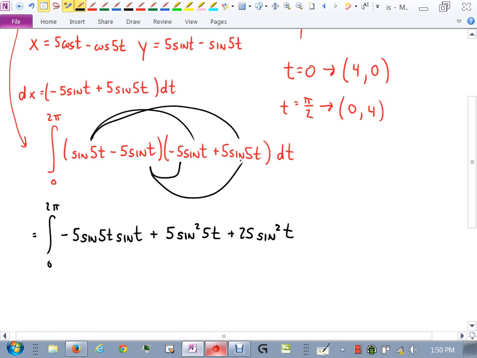And then finally, what? Minus 25 sine squared 5t. Oh, yeah, yeah. Thank you. I was looking at the wrong place, I think. Sine t, it's still negative 25 sine t sine 5t dt.